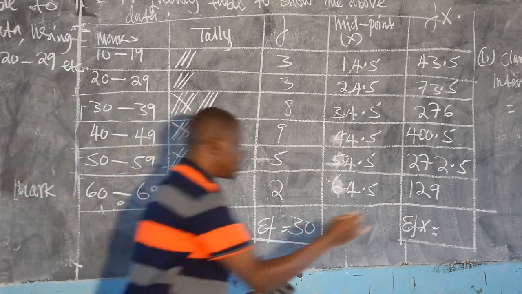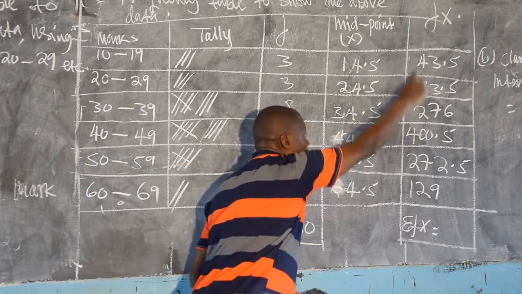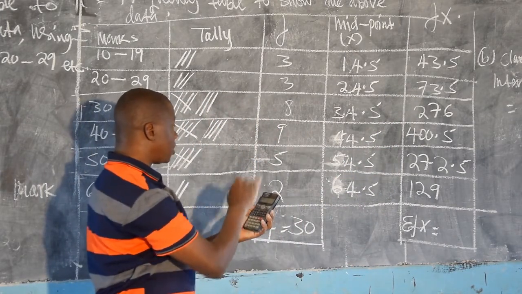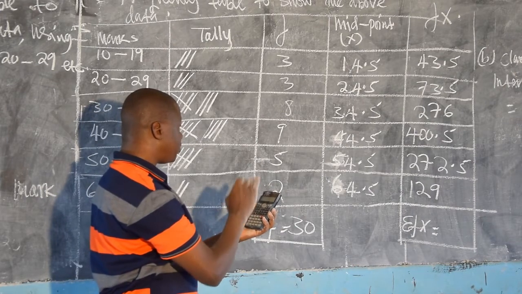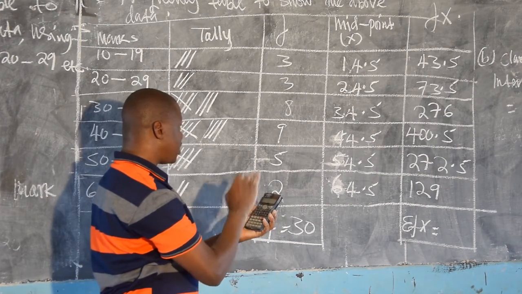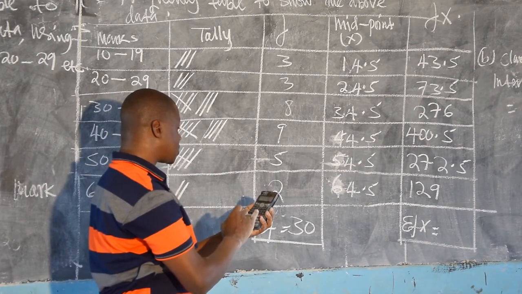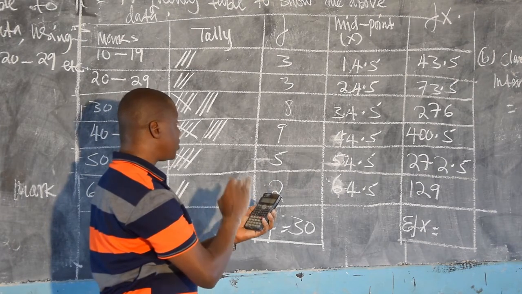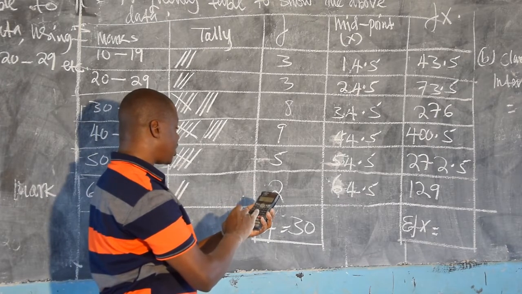Let us get the total summation fx. Summation means sum up all the fx. We have 129 plus 272.5 plus 400.5 plus 276 plus 73.5 plus 43.5.